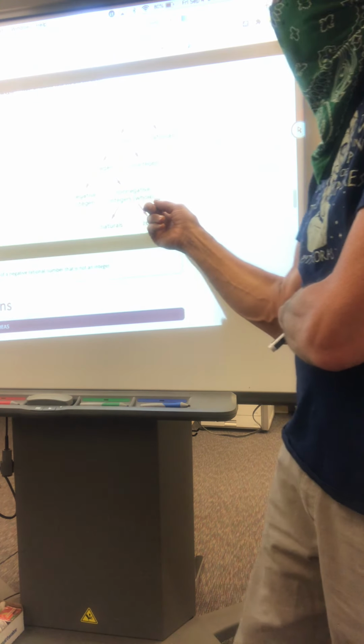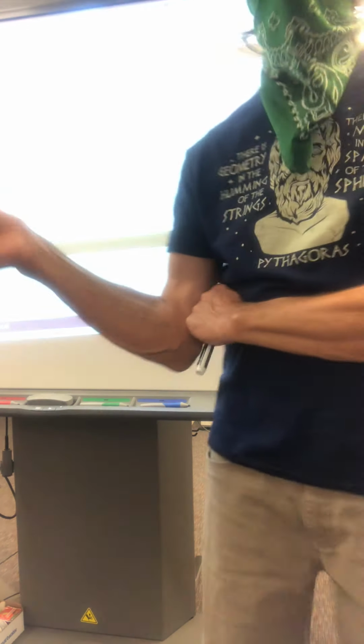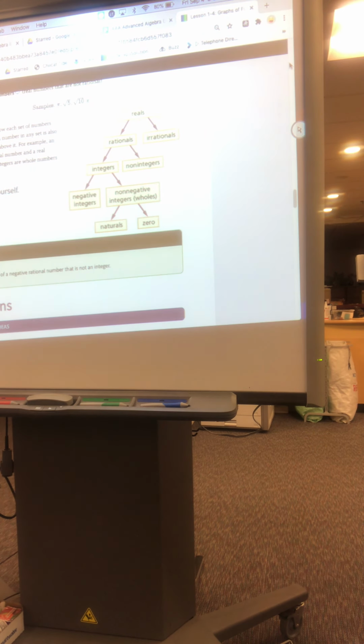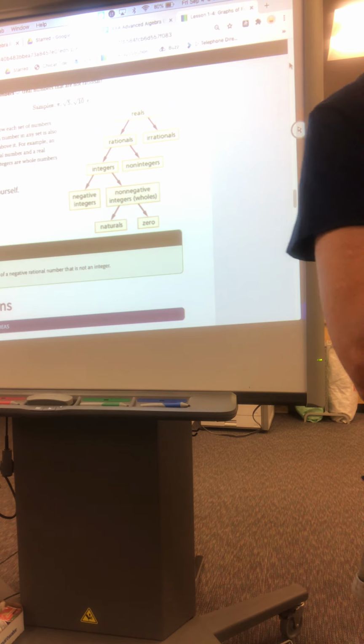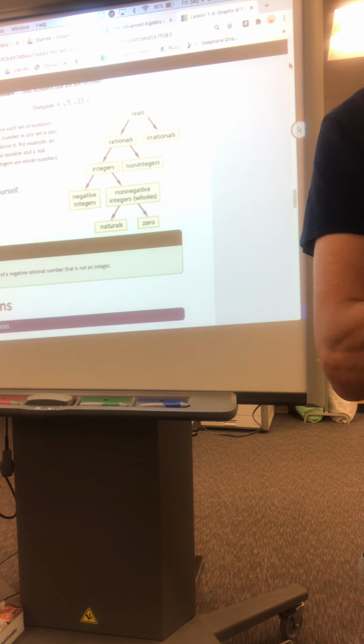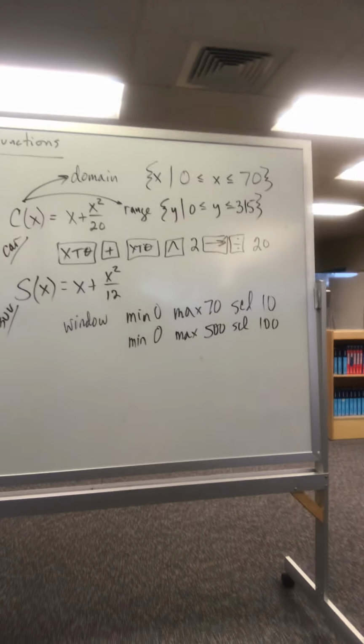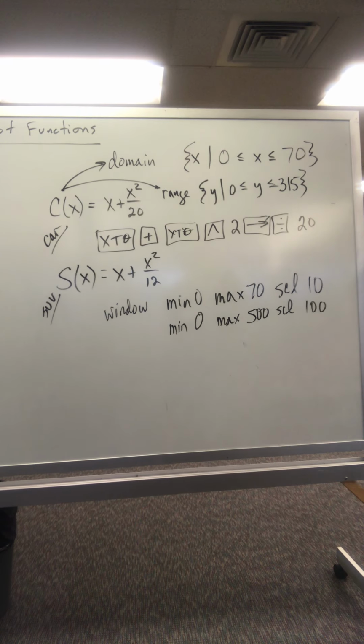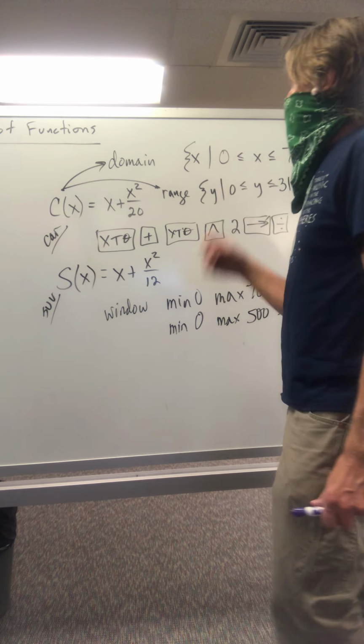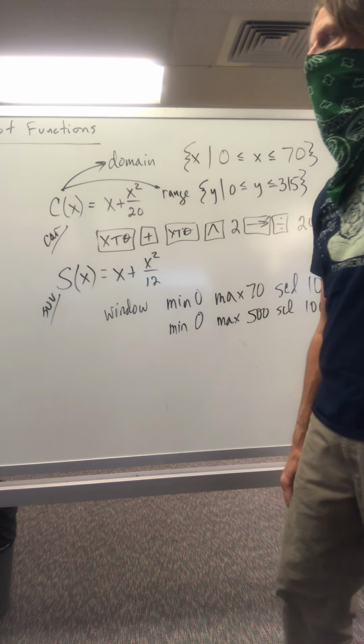There's negatives and non-negatives, naturals and 0. Naturals are like counting numbers 1, 2, 3, etc. They do not include 0. So set builder notation for writing your domain and your range.